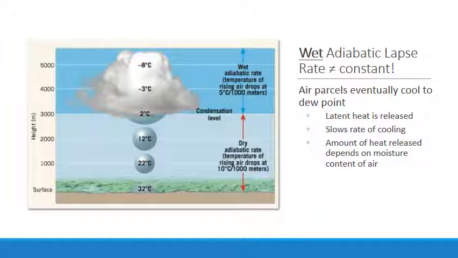And if we're someplace like the tropics, where we have really moist air, we'll expect that wet adiabatic rate to be something like 5 degrees C. And if we're over central Mexico or Arizona, we might see a wet adiabatic rate as fast as 9 degrees C per 1,000 meters, but not quite as fast as the dry adiabatic rate.